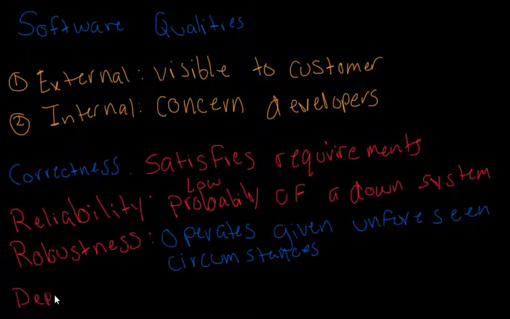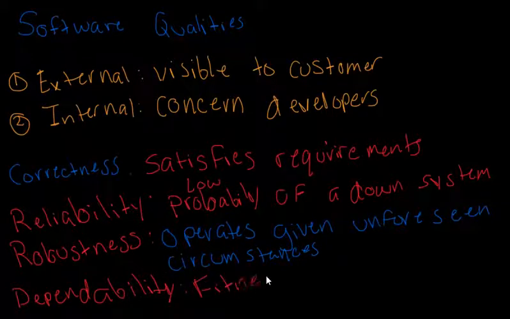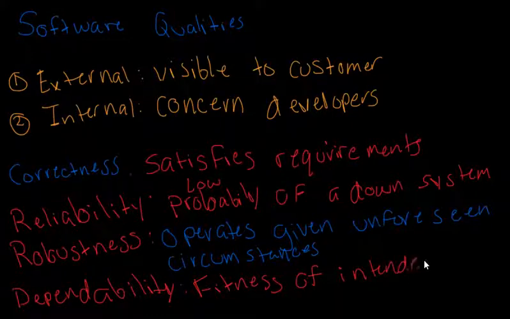Another vocab word that we're going to talk about is dependability. One thing you're going to find is that a lot of these words seem very similar, and they are, but they have a few subtle things that set them apart. Dependability is pretty much just the fitness for intended use.